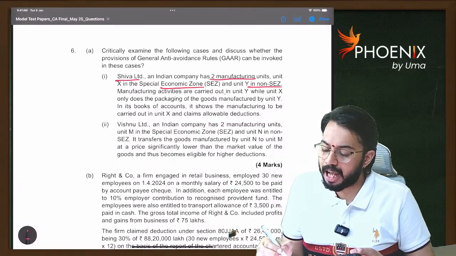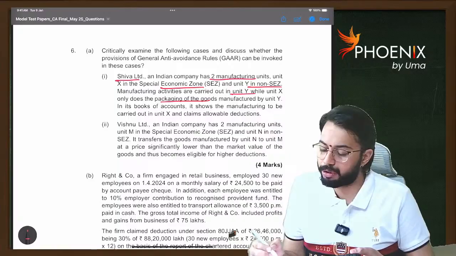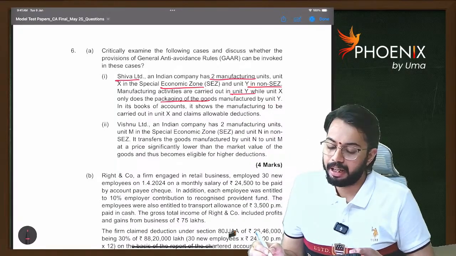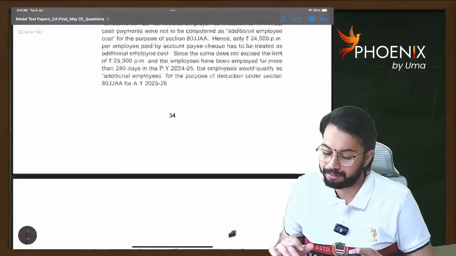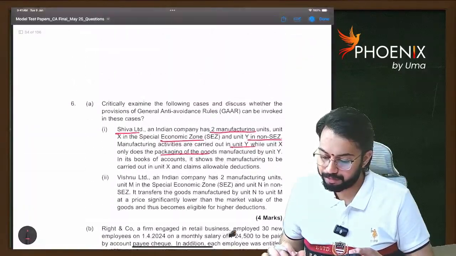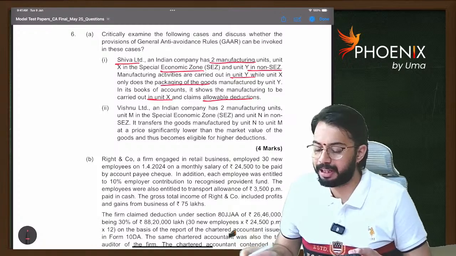Manufacturing activities are carried out in Unit Y, while Unit X only does the packaging of the goods manufactured by Unit Y. In its books of accounts, it shows the manufacturing to be carried out in Unit X and claims allowable deduction.